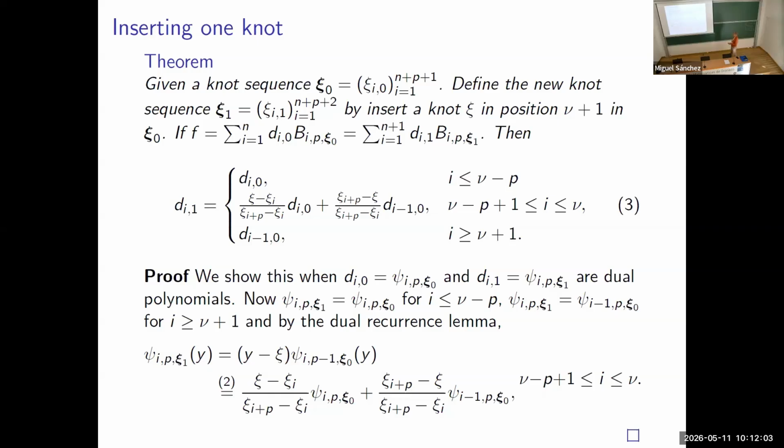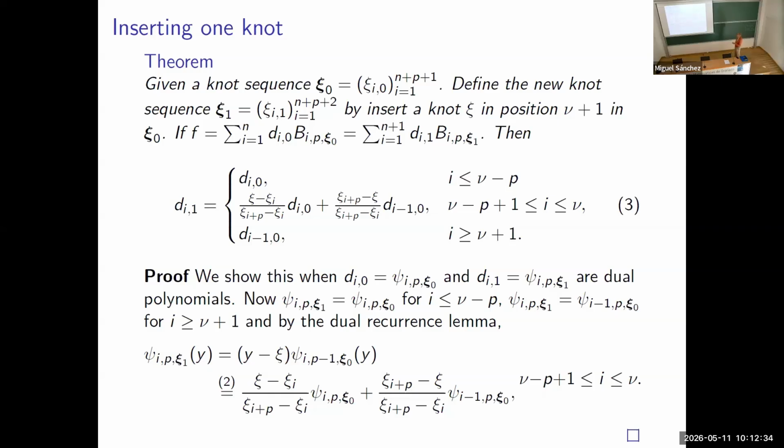Explicitly, the d_i^1 you can compute with this simple formula. They are equal to d_i^0 for the first ν minus p. Then you have a linear combination of d_i^0 and d_{i-1}^0 in this range, and then you shift by 1 for the remaining ones. There are many ways to prove this. Böhm didn't prove it in this way, for sure.